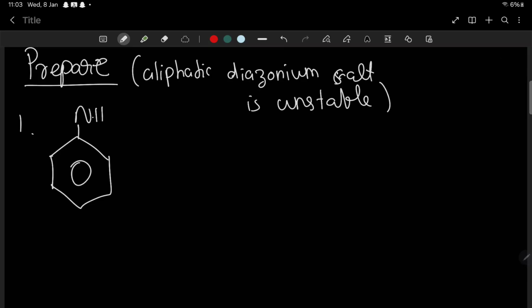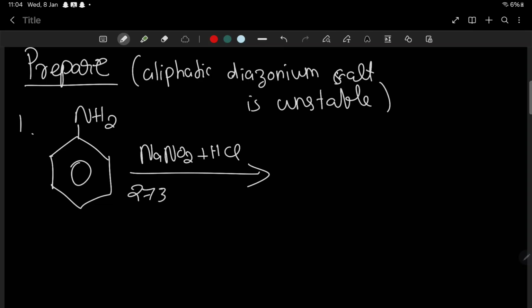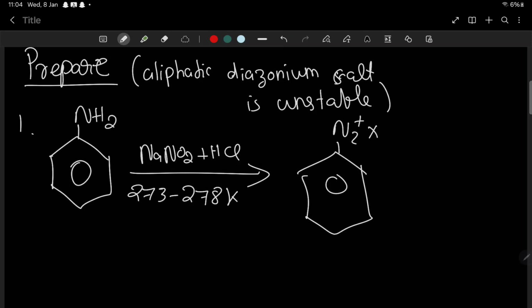So, preparation of diazonium salt. Take aniline, add NaNO2 plus HCl at what temperature? 273 to 278 Kelvin. You get the corresponding diazonium salt, ArN2+ X−, and the rest of the products, NaCl plus 2H2O. Here we can use 2HCl because we need 2Cl.